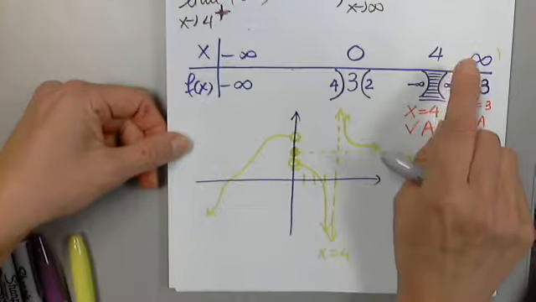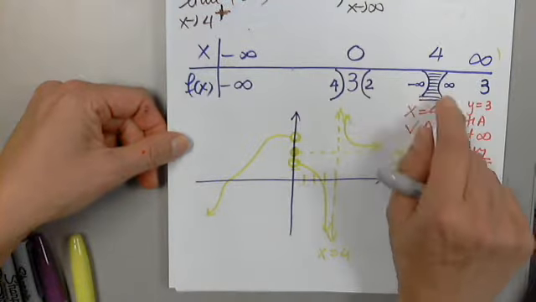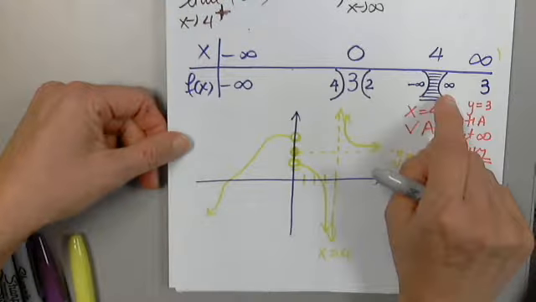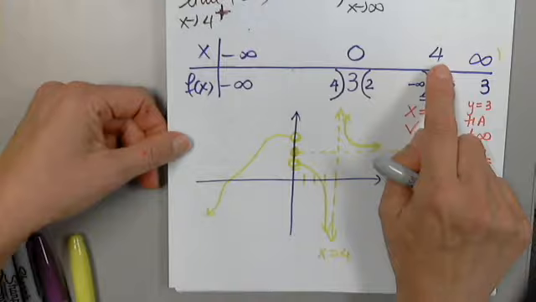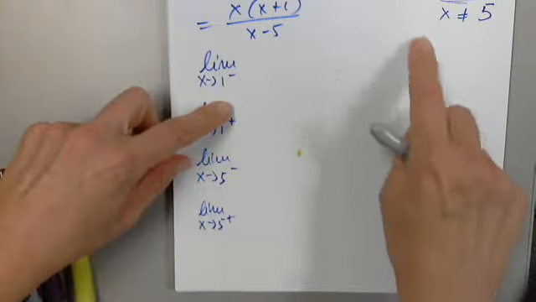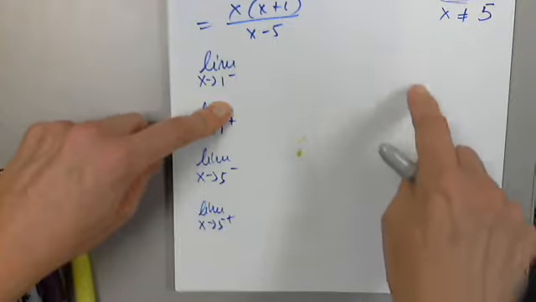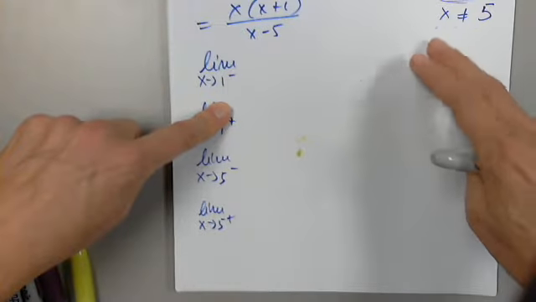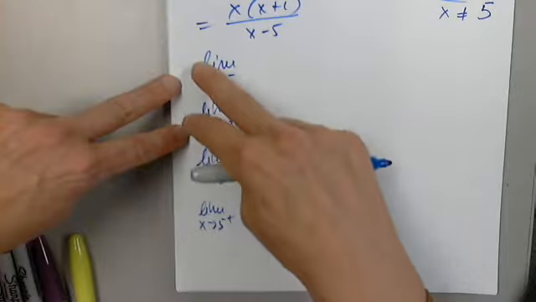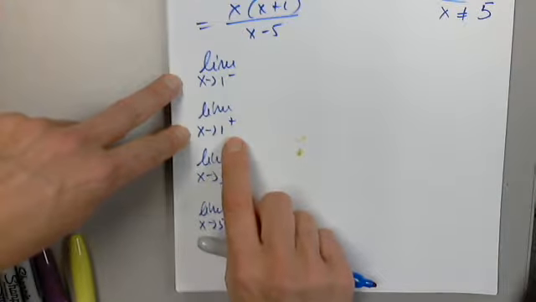The vertical asymptote requires at least one of the sides to be infinity. If it's both, it's both. But at least one of them has to be infinity for x equals 4 to be a vertical asymptote. So if I get here infinity and infinity, or any sort of combination, infinity, infinity, or negative infinity, negative infinity, what will I conclude about x equals 1?